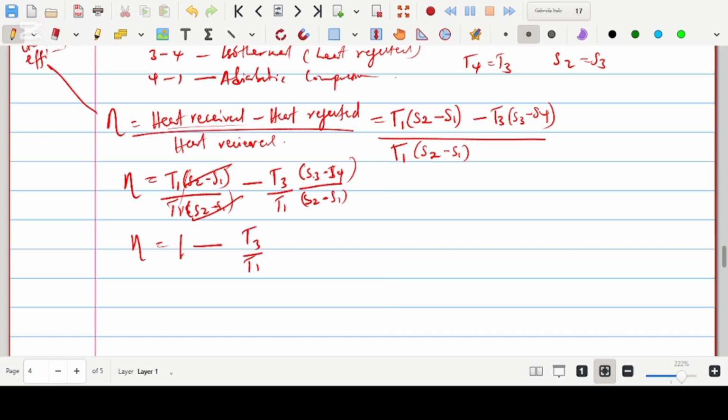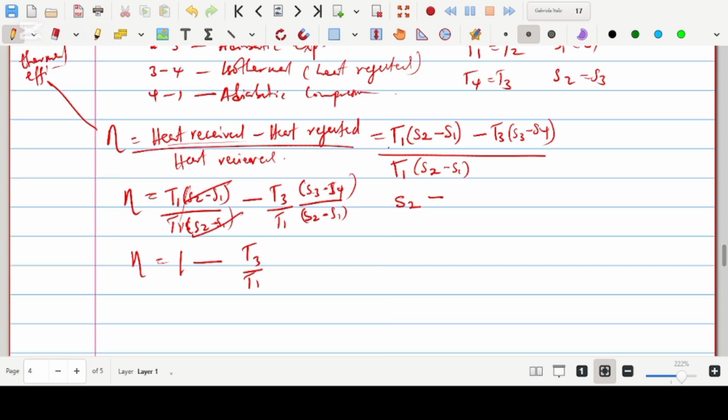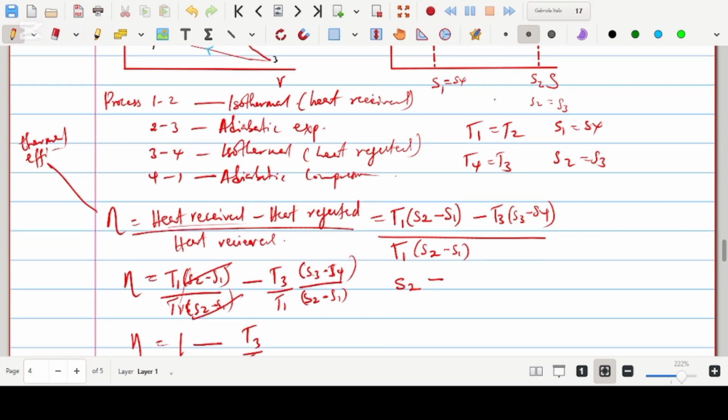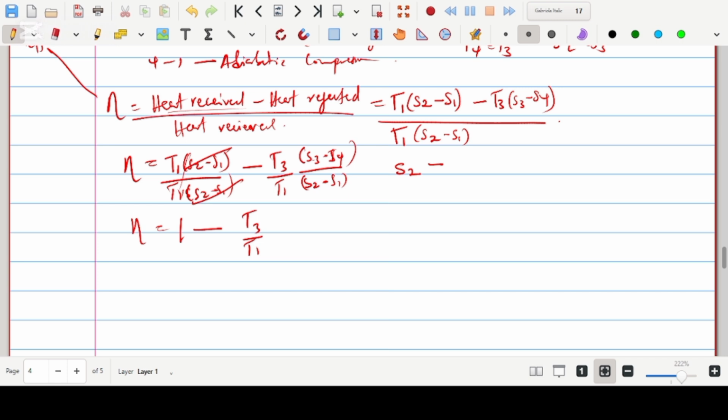Now here, you can see S3 is the same thing as S2, so I substitute S2 there, minus S4. S4 is the same thing as S1, as you can see on the screen. So we have S2 minus S1 over S2 minus S1, which will cancel each other. Then I have this now. This is now the formula for thermal efficiency.